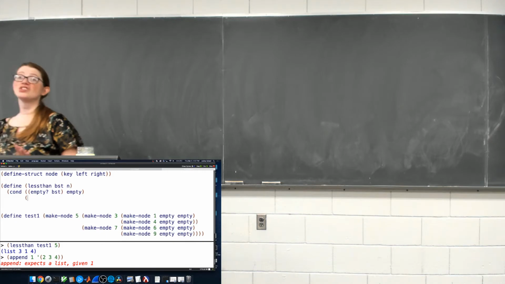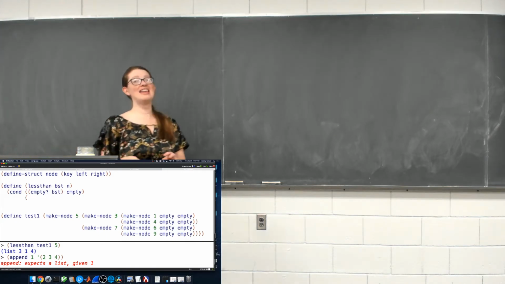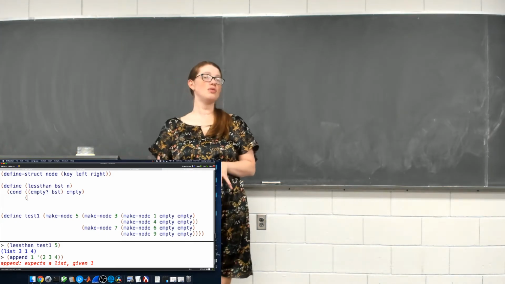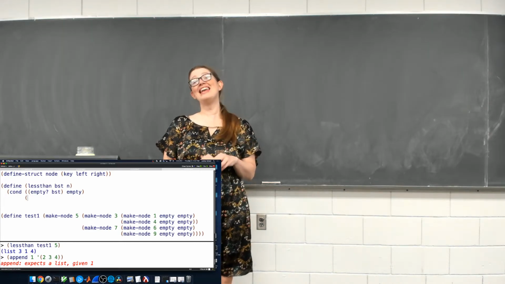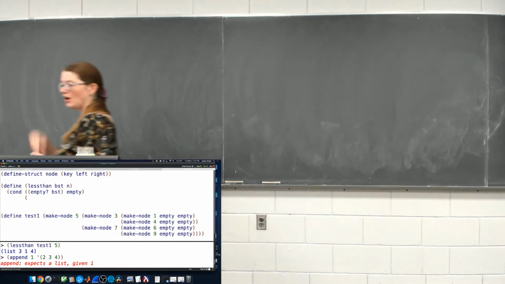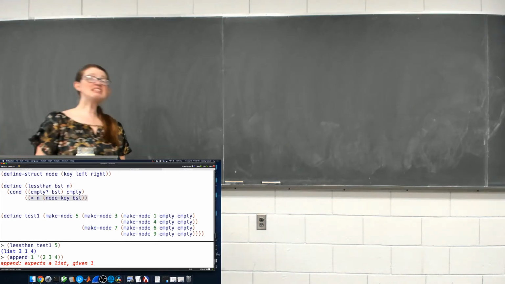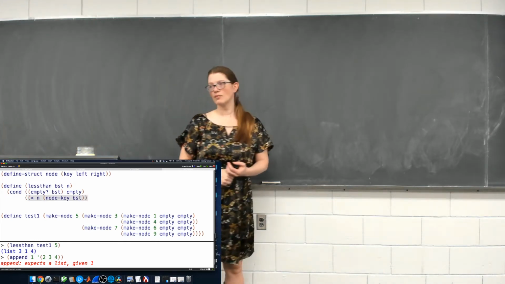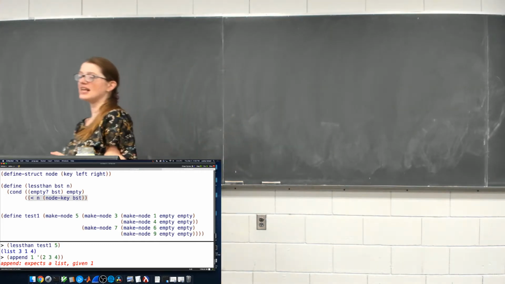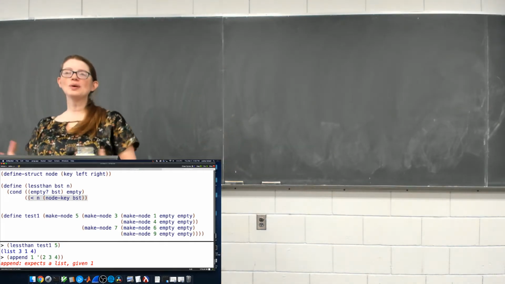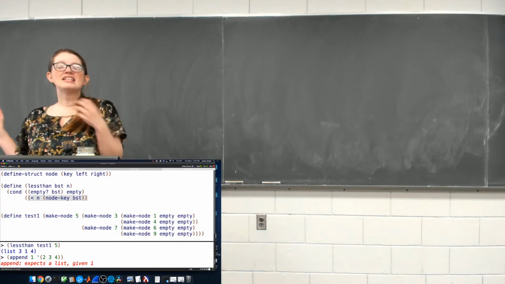Now, there are two cases. One where n is less than the current node's value, and one where n is bigger than the current node's value. So let's do one where we say n is less than the key of this node. For n less than the current node's key, I know that there's no reason to look down my right subtree because n is smaller than me.